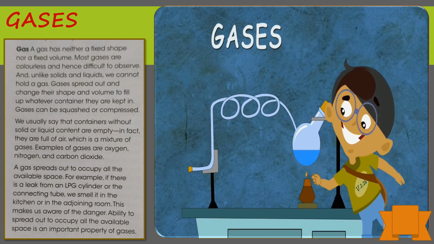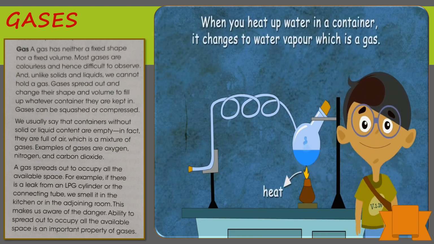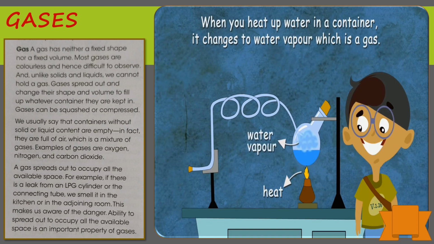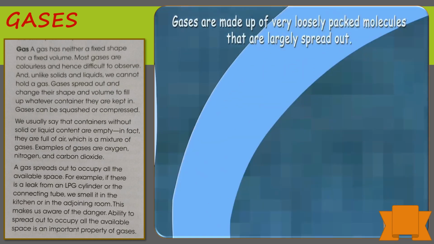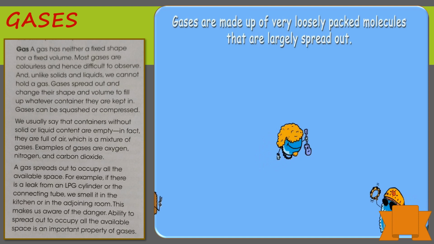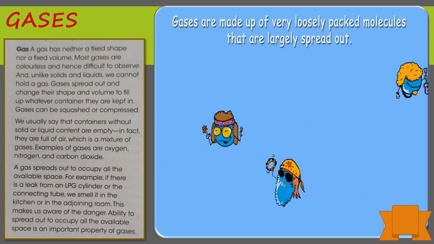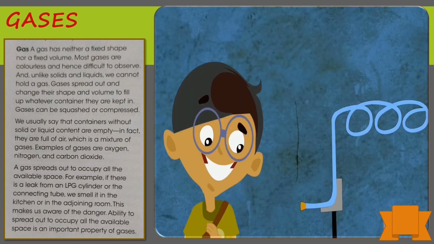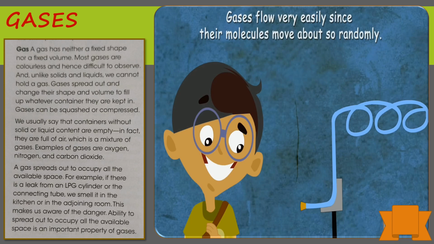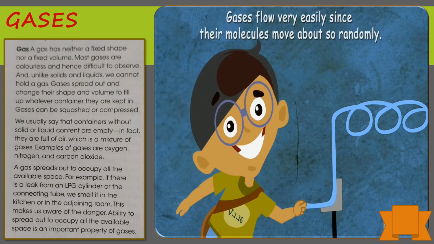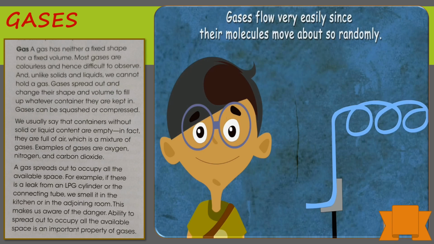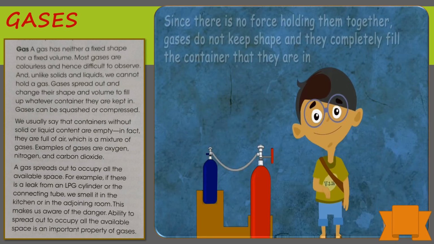Gaseous state. When you heat up water in a container, it changes to water vapor, which is a gas. Gases are made up of very loosely packed molecules that are largely spread out. Gases flow very easily since their molecules move about so randomly.